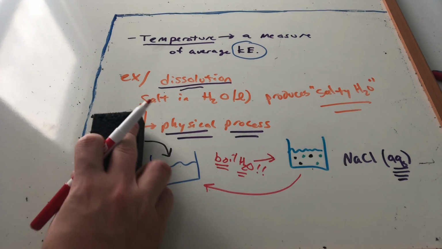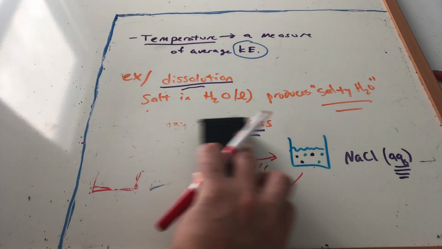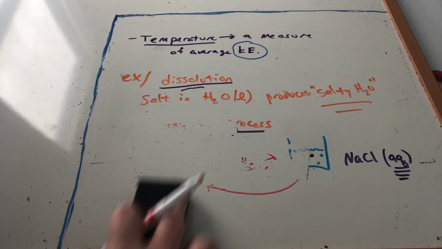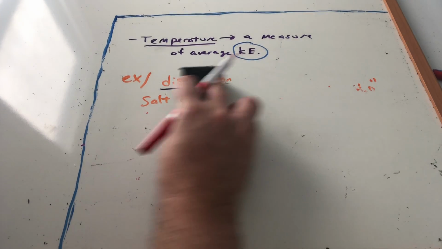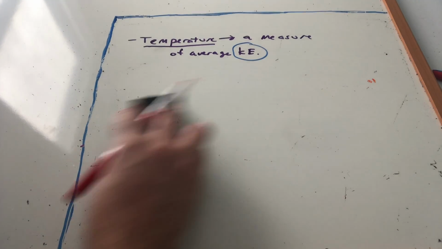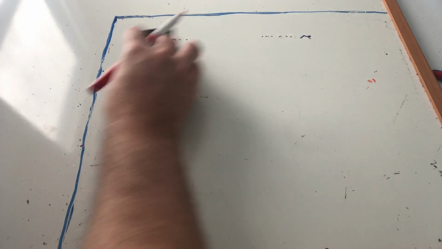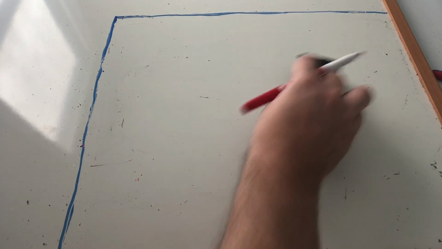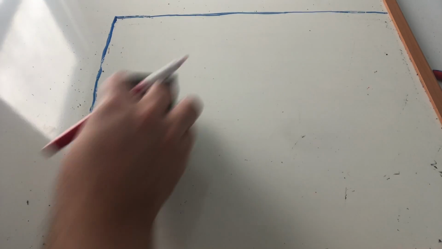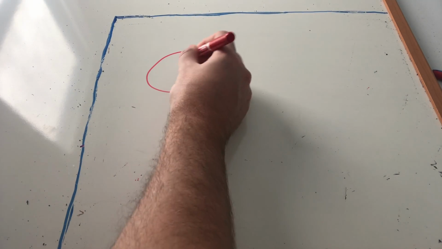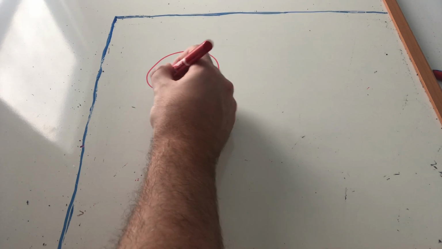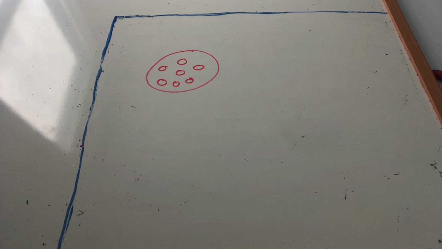Now to drive that last point home, where we can take advantage of physical properties to separate things that are just physically intermingled, we could go back to our simple example of a pizza. All right, so if you have a pizza and you have some pepperoni on it, we know that this is a heterogeneous mixture.